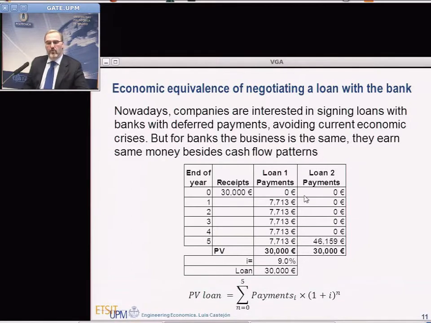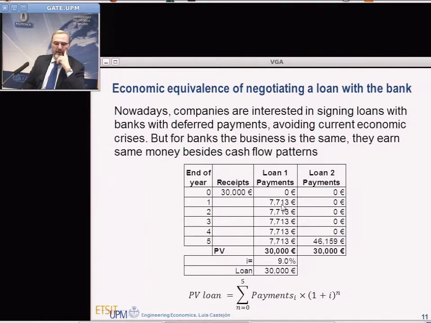For example, you have to negotiate a loan with the bank. This is a common situation. We know there are some people who are not able to pay their loans, their mortgage, and they live in a house and they are an employee and they have a commitment with their bank. For example, they have a loan, in 5 years, of 30,000 euros at 9%, and they have the obligation with their bank to pay every year 7,713 euros.